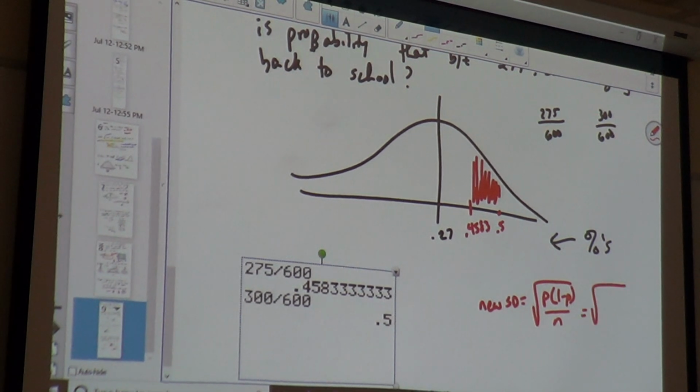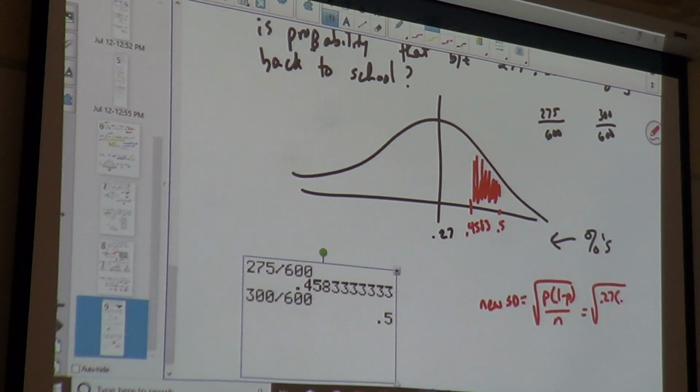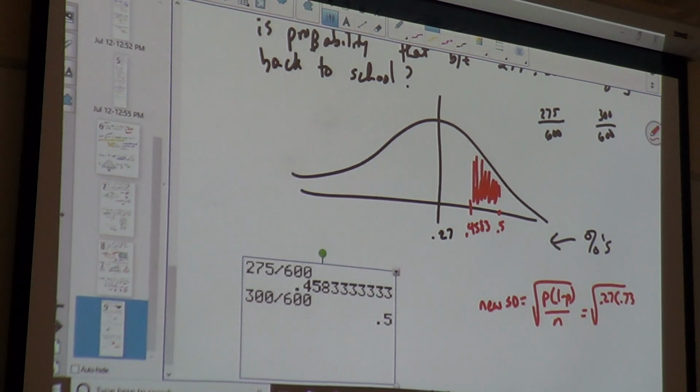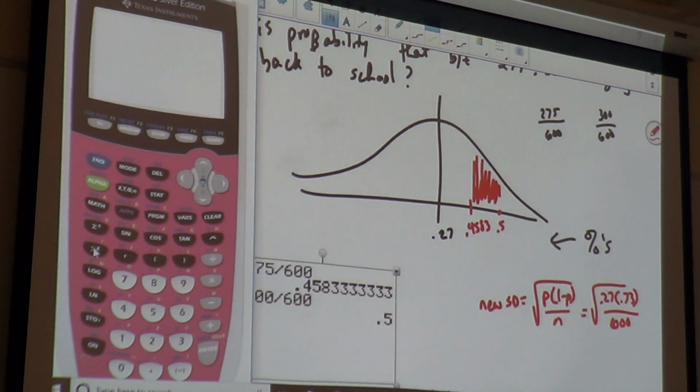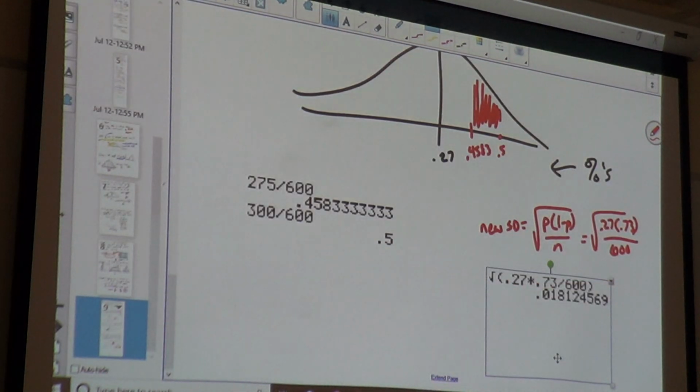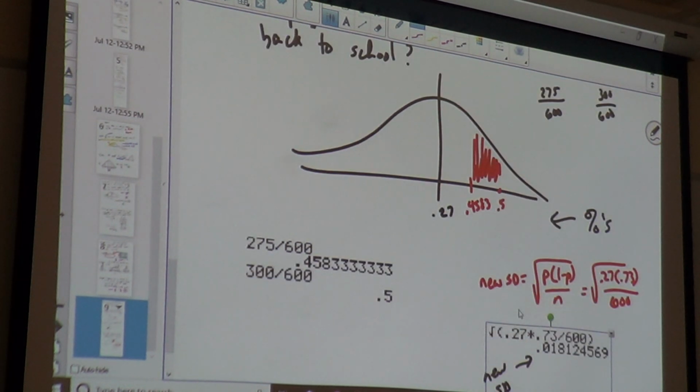So it's going to be the square root of 0.27 times 0.73 over 600. So my new standard deviation is going to be 0.018124.